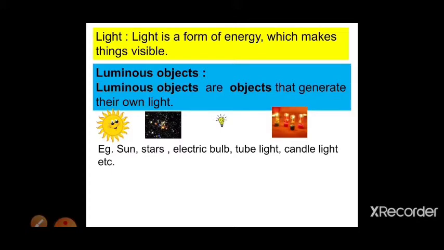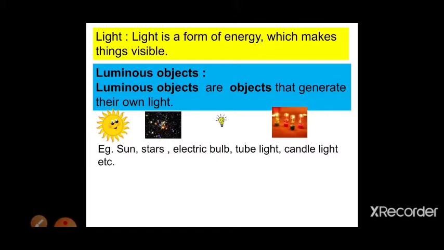Other than this, luminous objects can also be divided into two types. One is natural, one is artificial, like sun, stars. Then you might observe the firefly. These all are natural luminous objects, but electric bulb, tube light, candle, these all are artificial luminous objects.